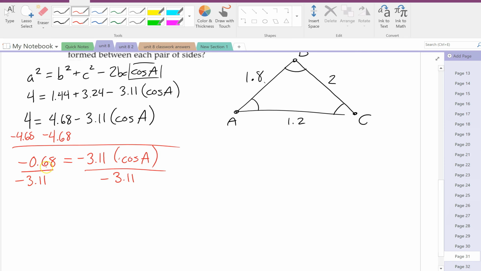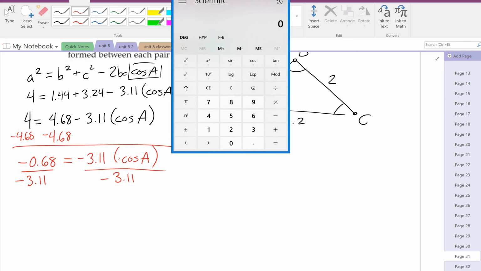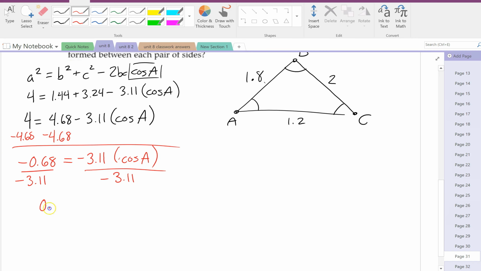On the left I'm going to have negative 0.68 divided by negative 3.11. Negative divided by a negative is a positive. 0.68 divided by 3.11 is 0.218. Let's call this 0.22 equals the cosine of A.